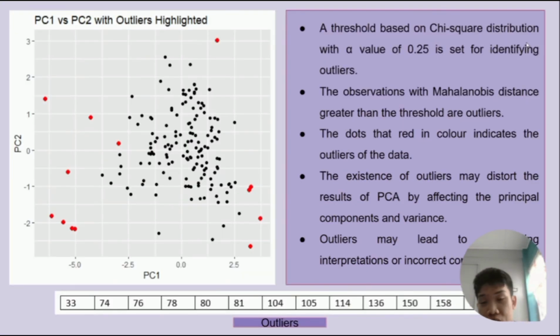The observations in PC1 and PC2 are plotted in a scatter plot with the outliers highlighted in red. An outlier is an observation with a Mahalanobis distance greater than the threshold. The exact values of the outliers are shown in the table below.